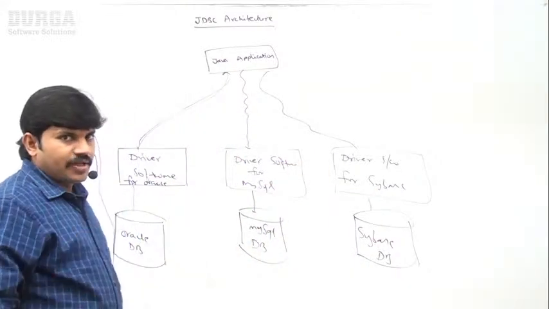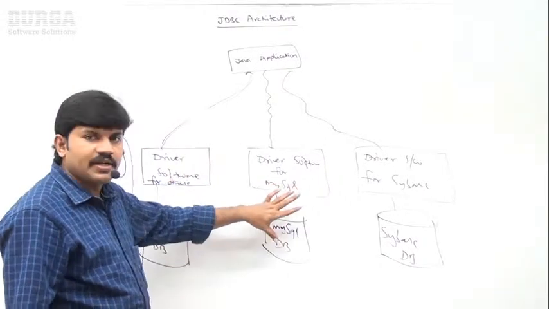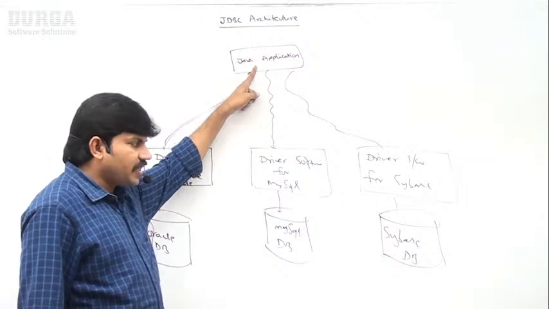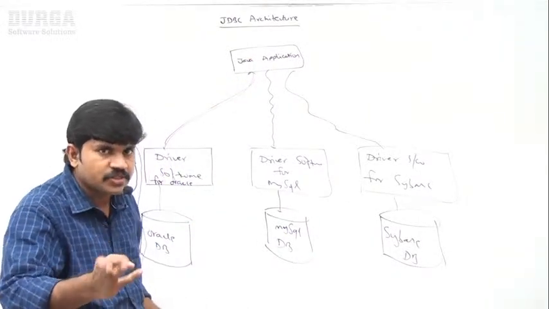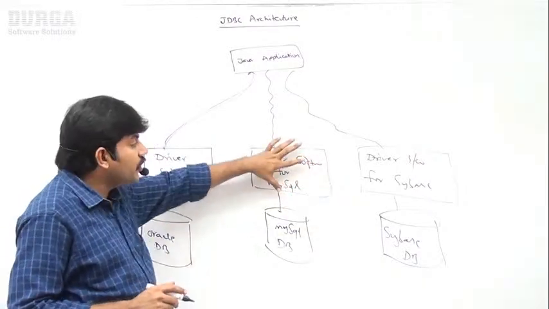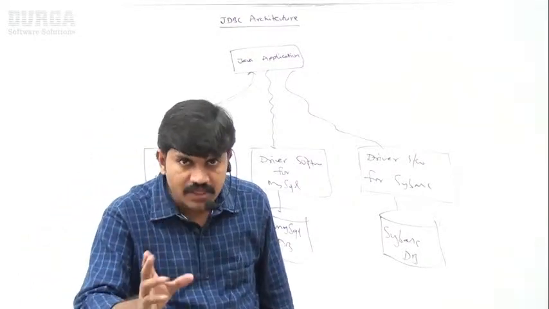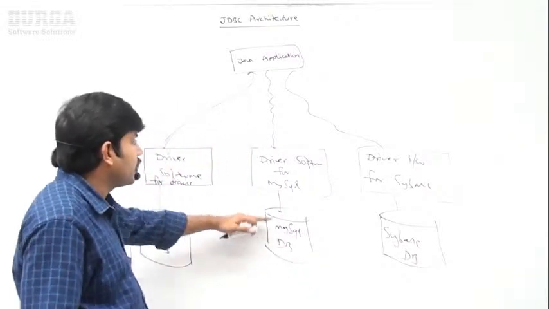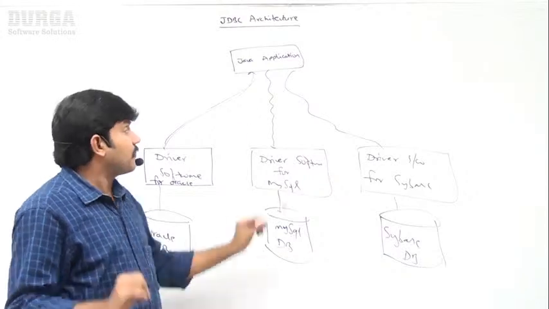Now think very carefully. This is just a basic idea, and then I will explain once again with the diagram. Don't worry, just get the basic idea. The Java application is there, and how many databases are there? Three databases. For every database, compulsorily driver software must be required. Can you spell out what is the purpose of driver software? To convert Java calls into database specific calls and back into Java calls. Now take very special care.